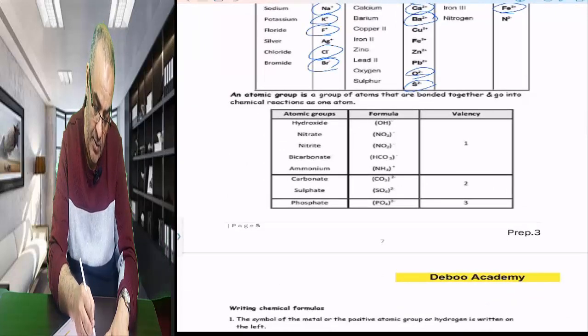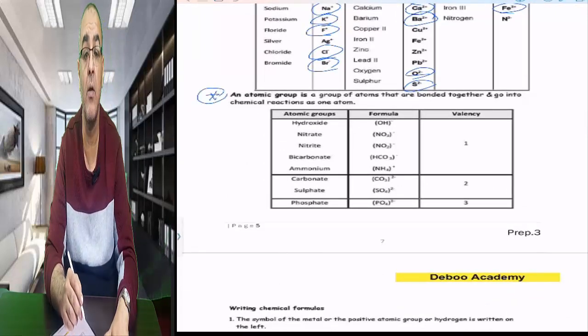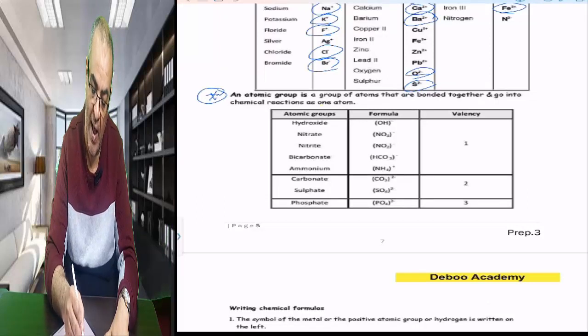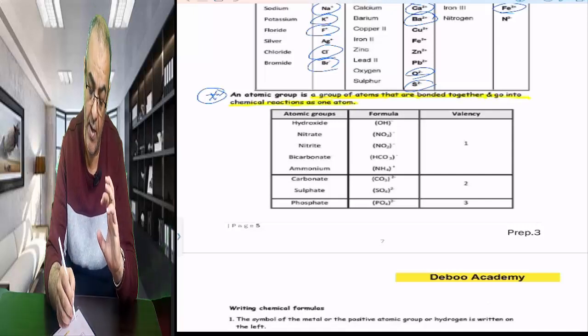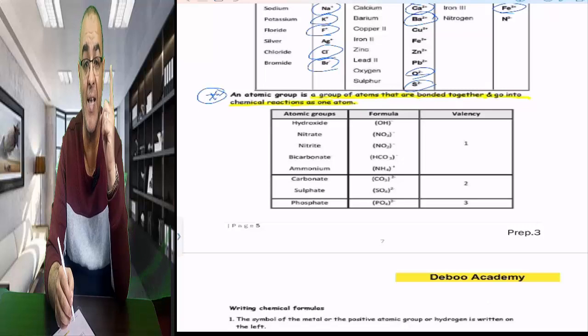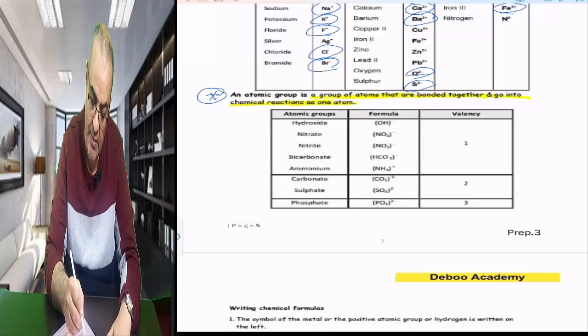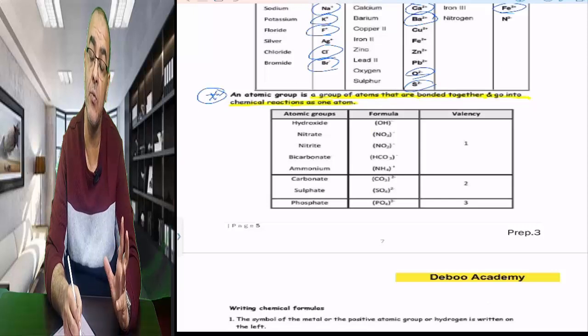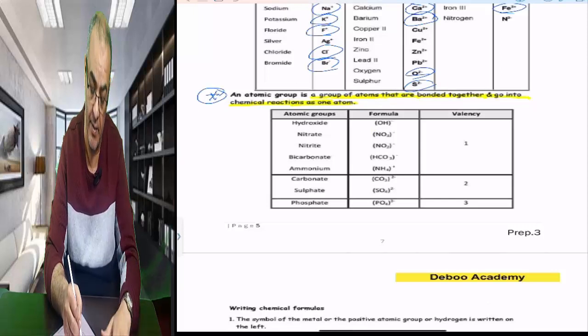Here we must take care about the atomic group. What is meant by atomic group? It is a group of atoms bonded together that go into a chemical reaction as one atom. When they enter the chemical reaction, they enter as one atom. For example, hydroxide. You have to keep this in mind.